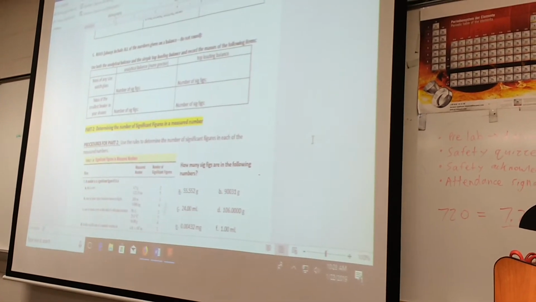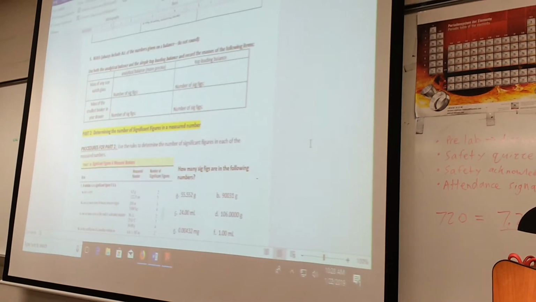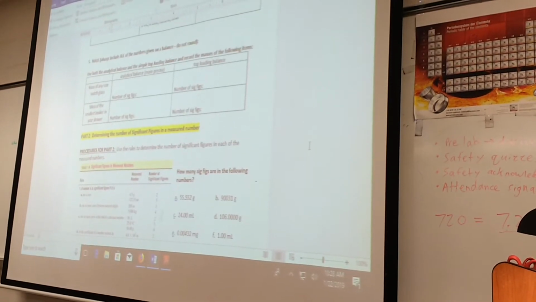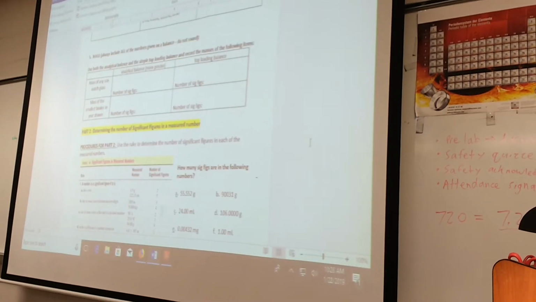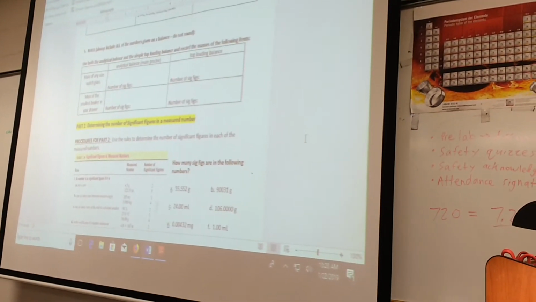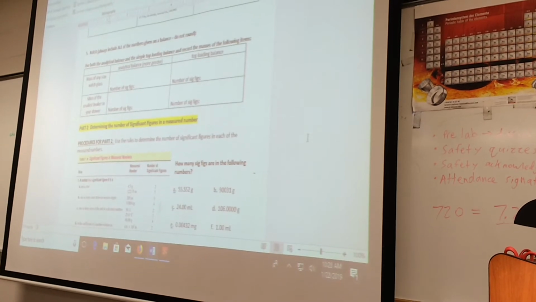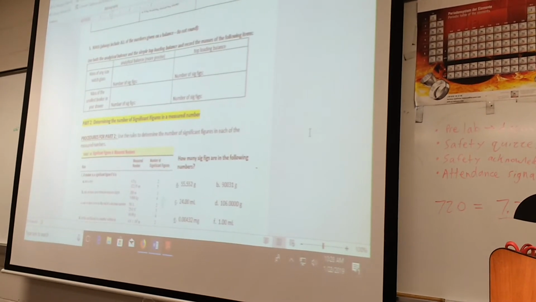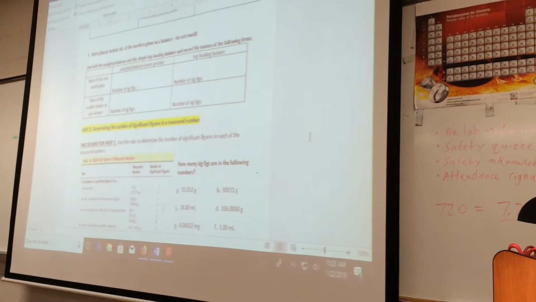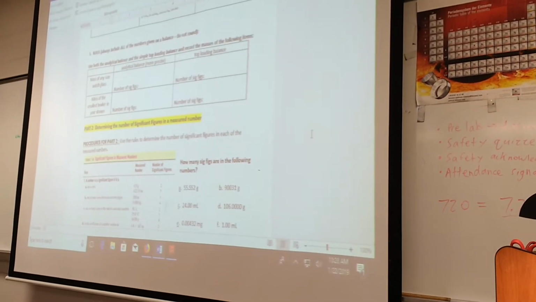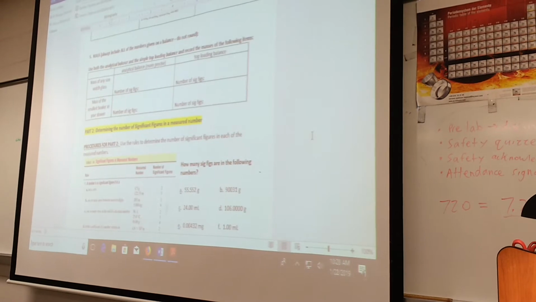You can see that's the analytical balance, and the other one is the top load balance, and you can get all the values and then determine the significance for both, for the small beaker and the watch glass. Remember, all the watch glasses and beakers we have in the lab are not identical, so their masses are different.